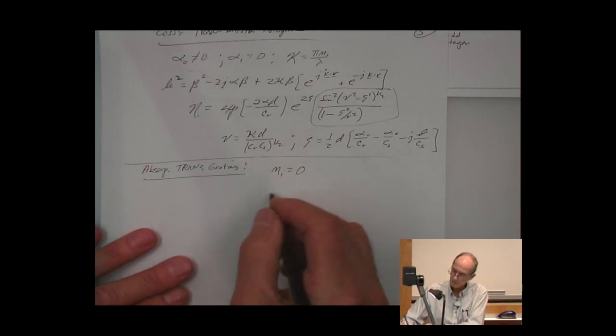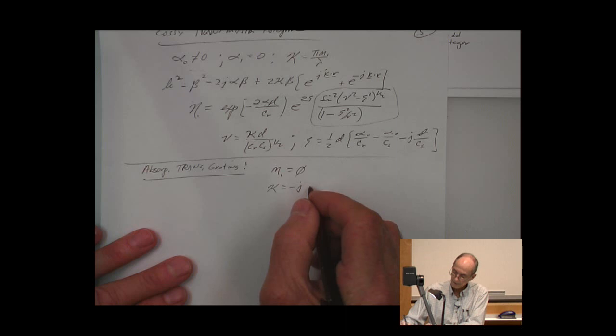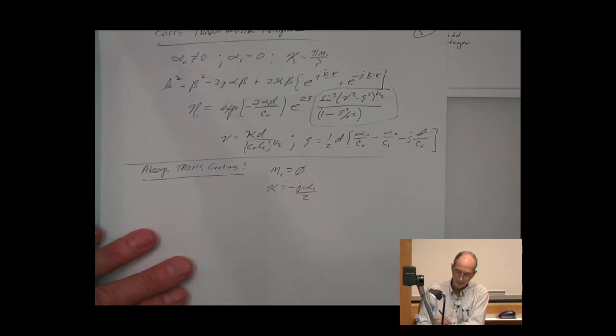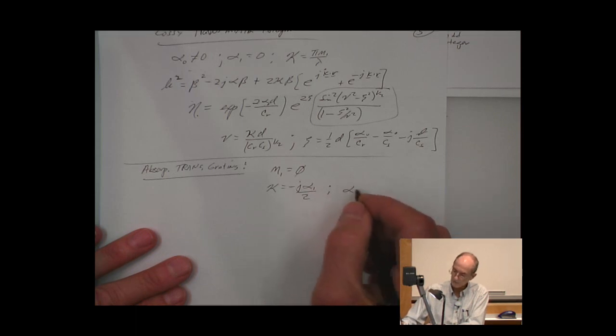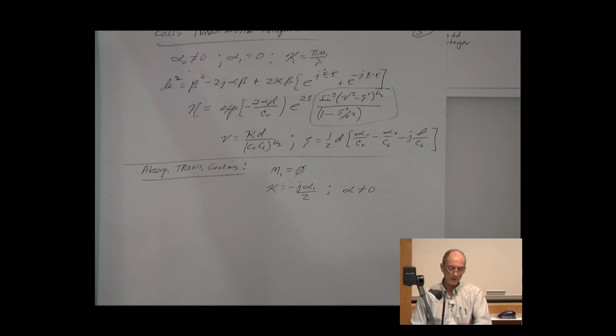So n1 is now equal to 0. Kappa is now going to be equal to minus j alpha 1 over 2, if you recall from earlier. And since alpha 1 is not 0, that automatically implies that alpha 0 is also not 0. Okay? We have to have some absorption in order to have the absorption modulation.